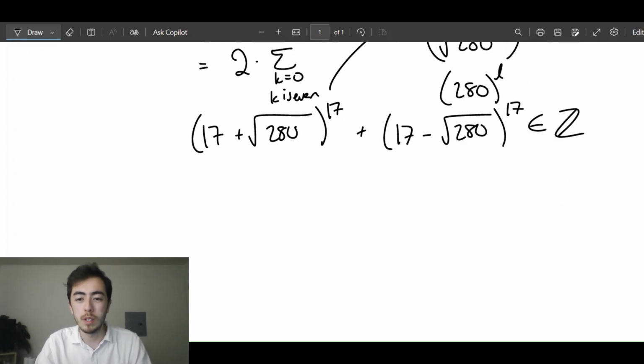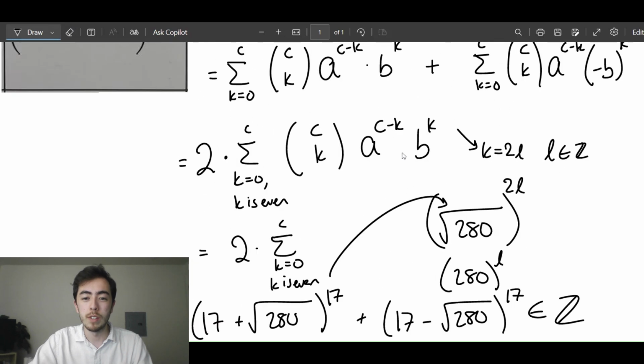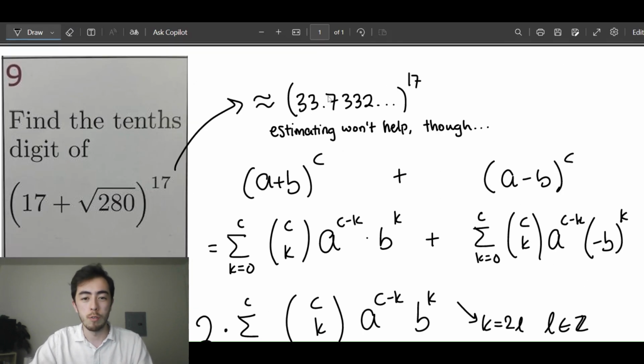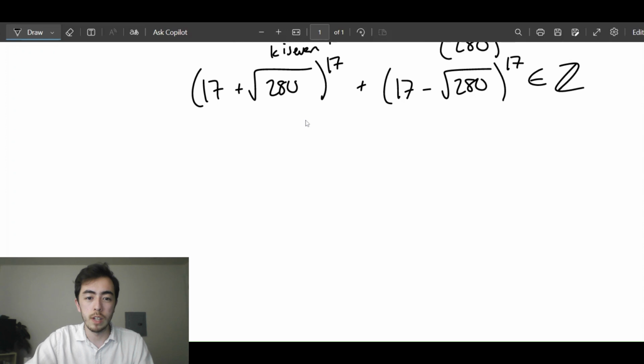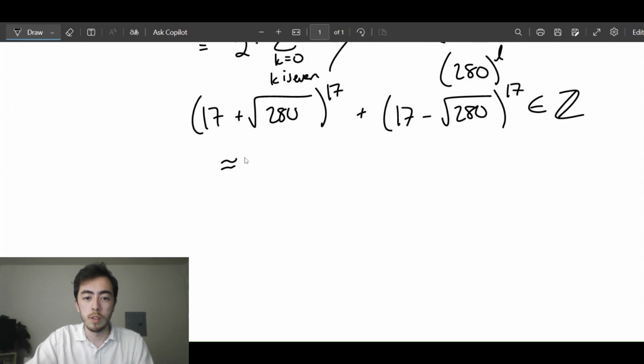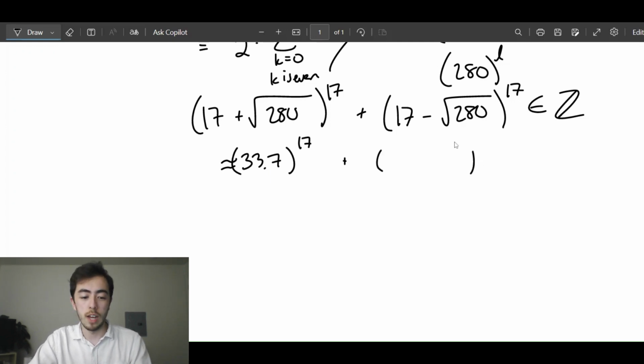I don't really know what this integer is. Honestly, it's going to be almost the size of this, because earlier we said that this number here is like 33.7. So here's the 33.7 that we were working with. But then the number on the right side is going to be kind of small.